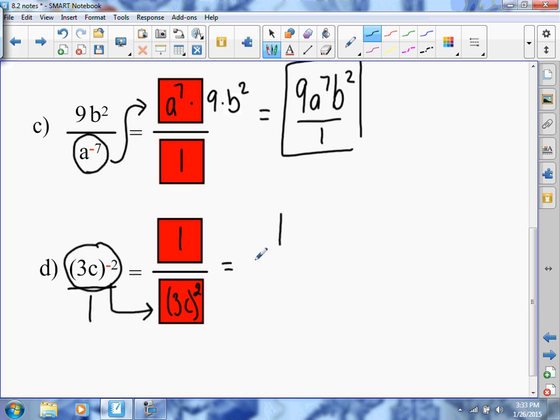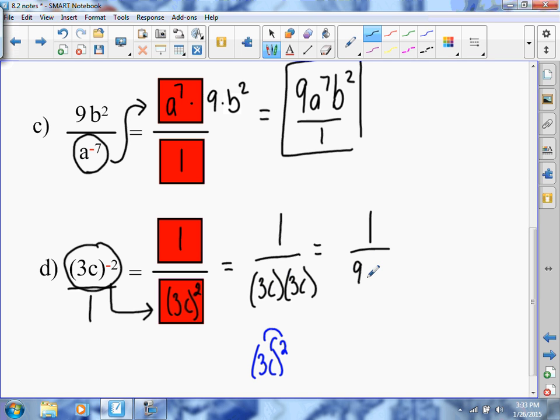Now again, there's a couple different ways you can think of this. You can think of this as 3c times 3c, or you could think of it as distributing. I'll do that in blue. You could think of the 3c squared as getting distributed. But either way, you're going to end up with 3 times 3, which is 9, and c times c, which is c squared.